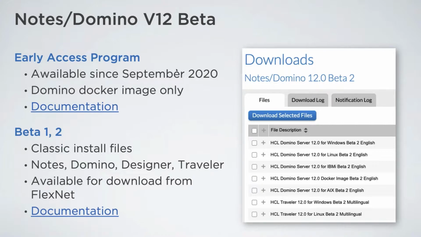Every customer and every business partner that has access to FlexNet, meaning with active maintenance, can download version 11, for example. They will see in the download profile also a download for Notes and Domino version 12. Beta 2 is available right now, and you can download servers, clients, and Traveler as well.